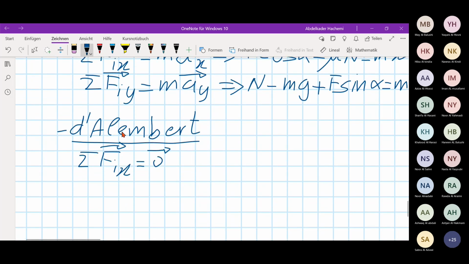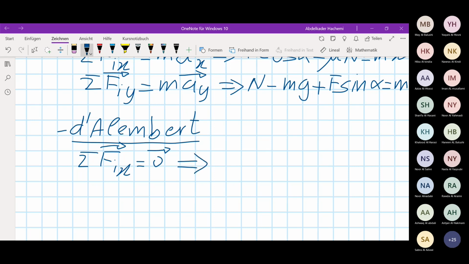Then it means we get here for D'Alembert the same equations. There is only the change that we have FH and FV, which have to be introduced, which are the inertial forces.